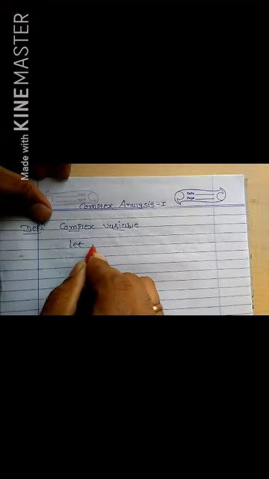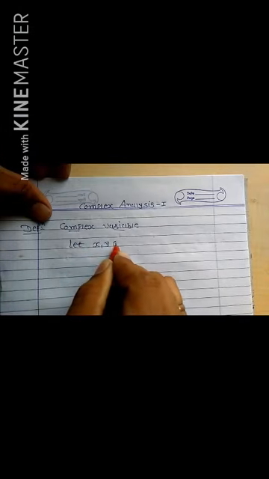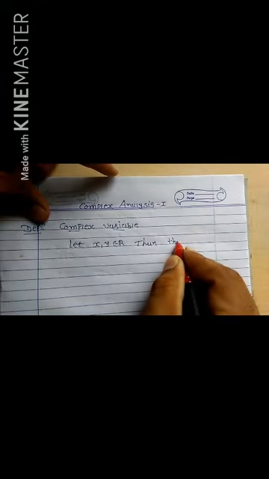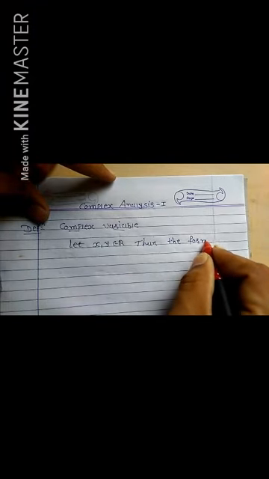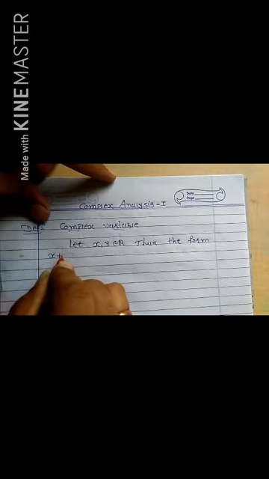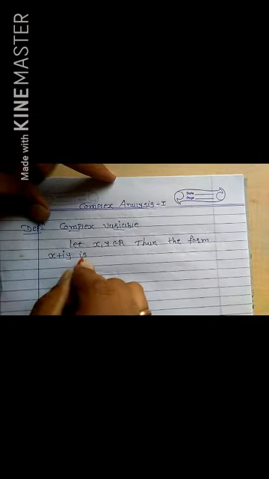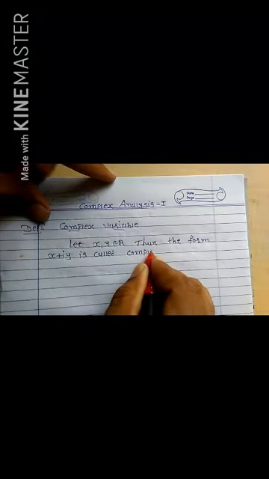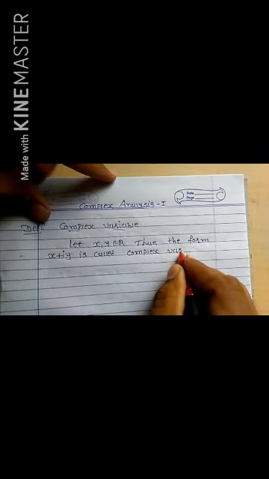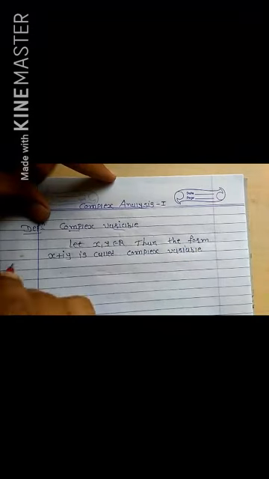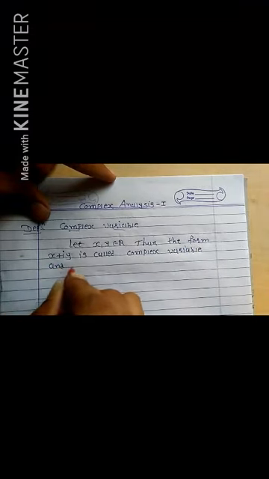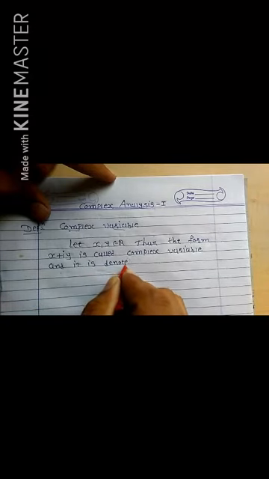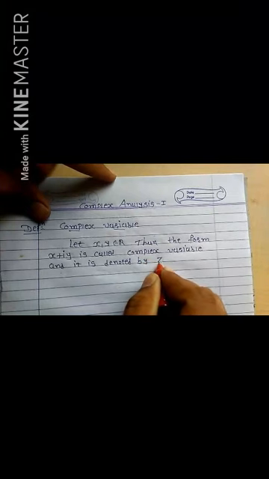Let x, y belong to R. Then the form x plus iy is called a complex variable, and it is denoted by z.